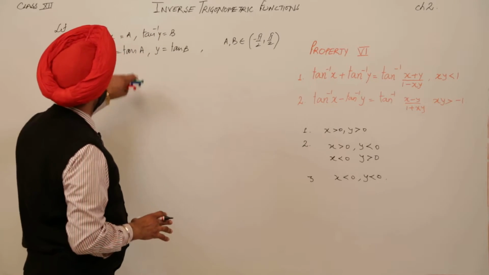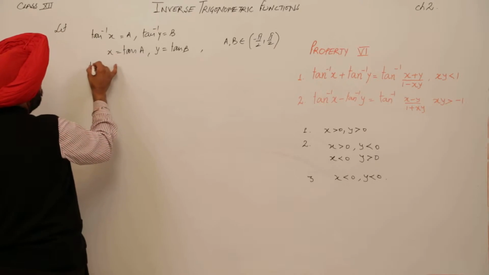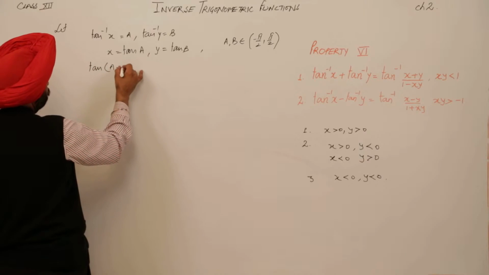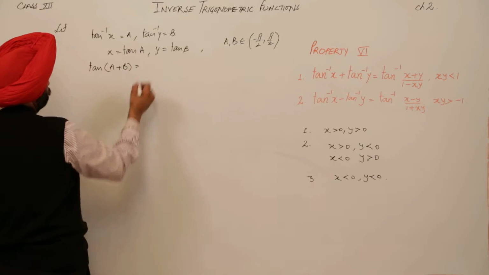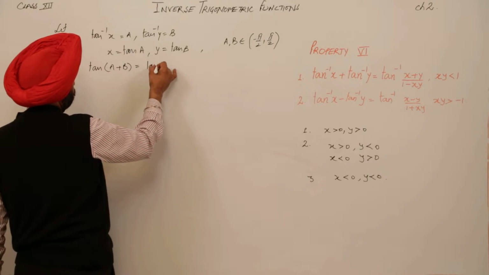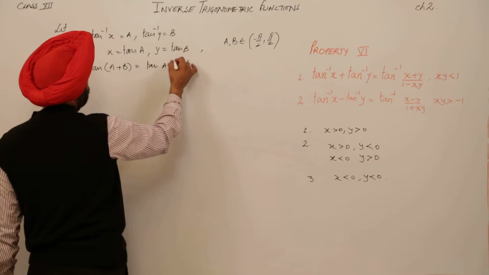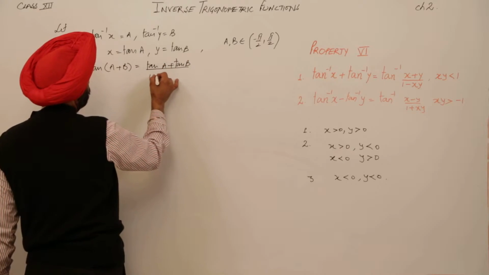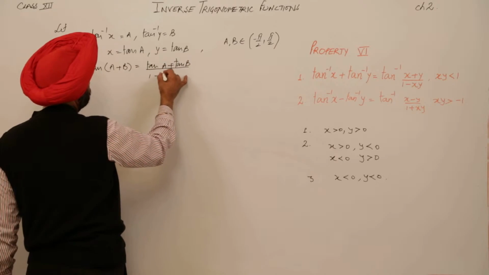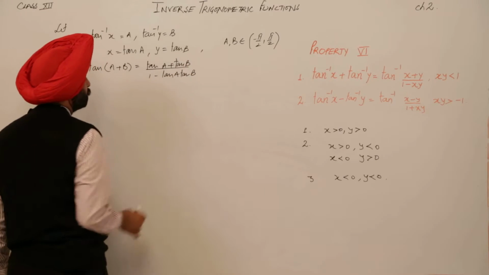It's a very simple thing. We can just use the formula you have done in class 11th. Tan of (A plus B) is equal to what? Tan (A plus B) was tan A plus tan B upon 1 minus tan A tan B. This was the formula.